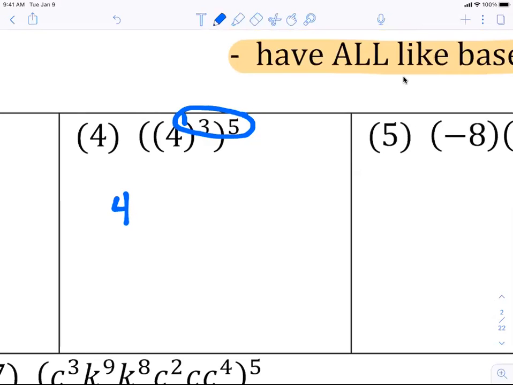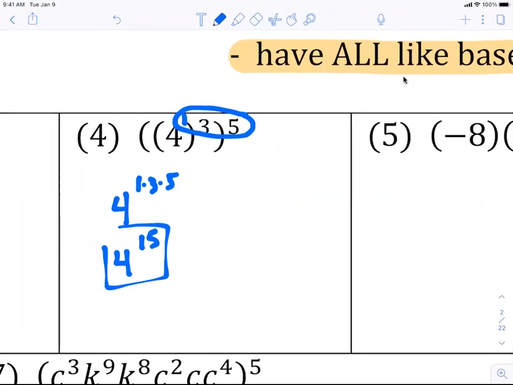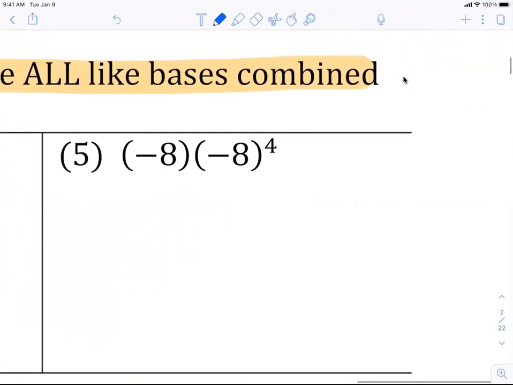I would do 1 times 3 times 5, which ends up being 4 to the 15th, and we are done. That number's really kind of large, so I'm going to leave it as 4 to the 15th.